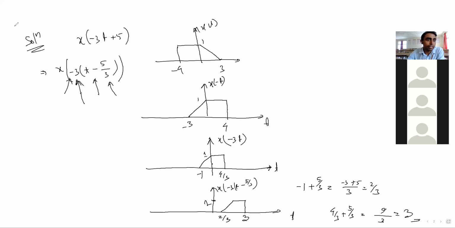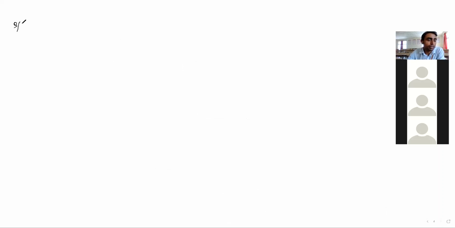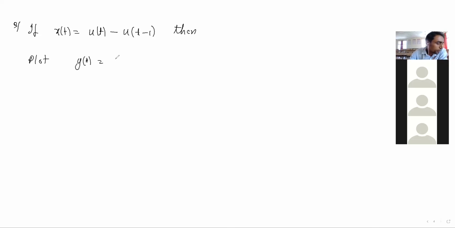Let me give a very important question, which has come in many competitive exams as well as in JRTUS. If x(t) is given, x(t) equal to u(t) minus u(t minus 1), then plot y(t) equal to x(2t plus 3).